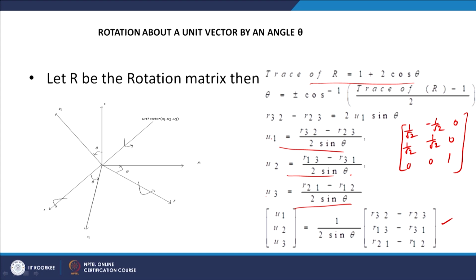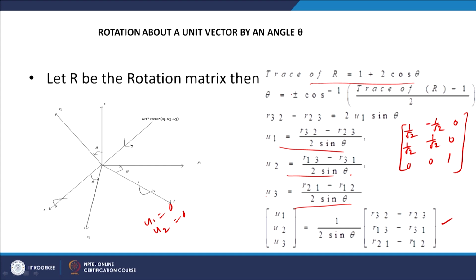So u1 is 0 and u2 is R13 minus R31; R13 is 0 and R31 is 0. So u2 is also 0 and u3 value is R21 minus R12, that is this expression divided by 2 sin theta.